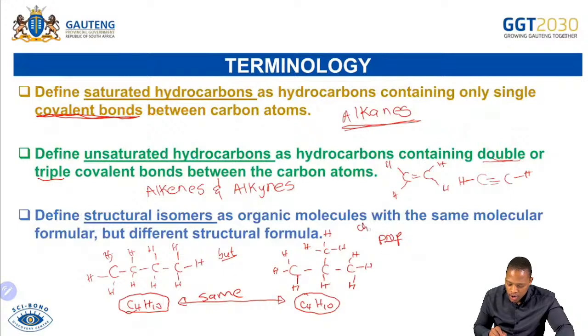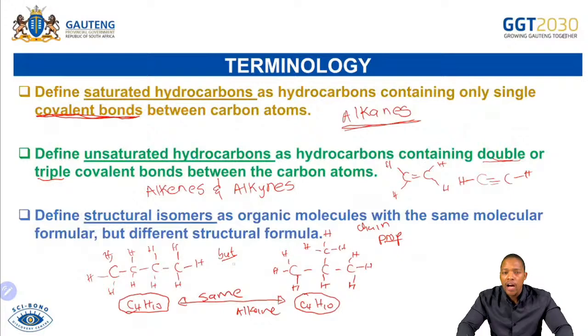So it means that these are chain isomers. Out of the 3 types, they are not positional isomers because there is no position of anything that has been shifted here. They are not functional isomers. They belong within the same functional group, which is alkanes. However, they have different parent chains. Therefore, they are chain isomers.